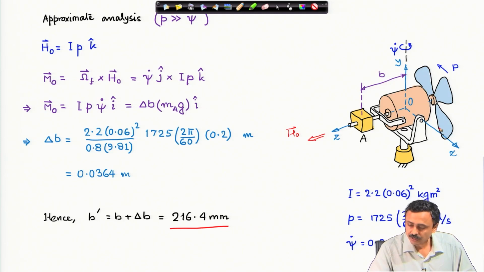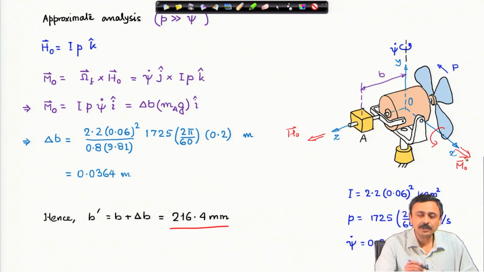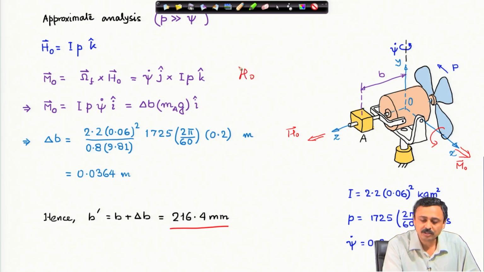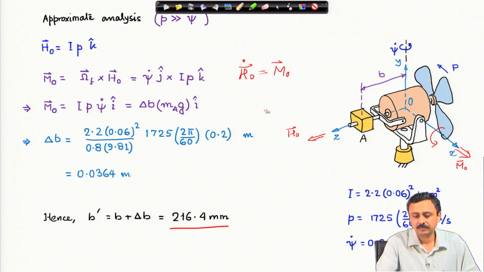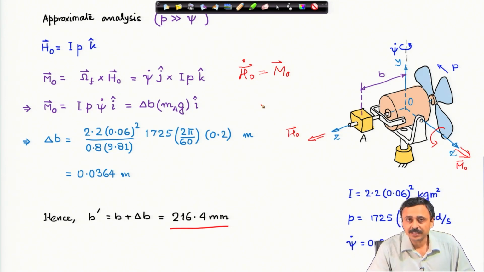If I produce a moment which is along the positive x, so this is something like a moment vector which I am producing, then as per our equation of motion, H naught dot is equal to the net moment about O, which tells me that the change in the angular momentum about O occurs in the direction of the applied moment.